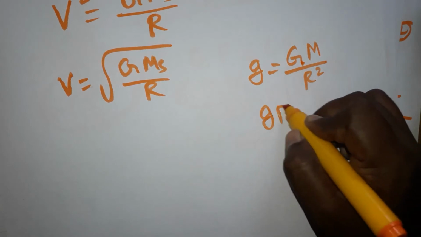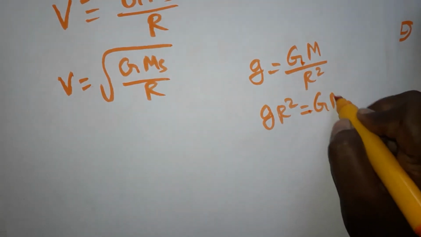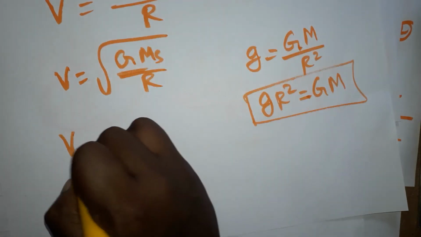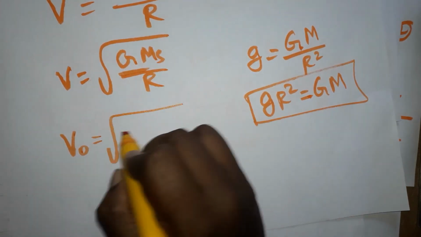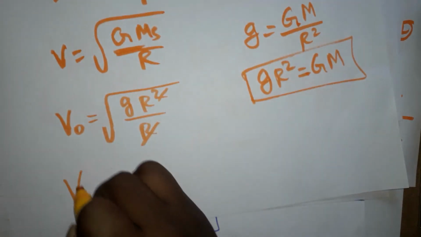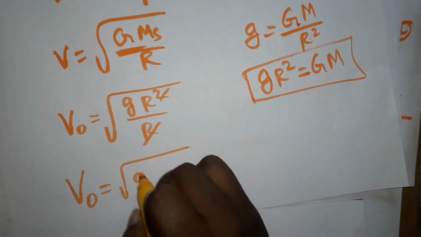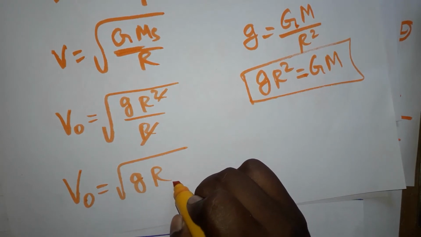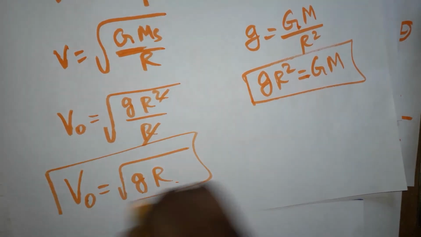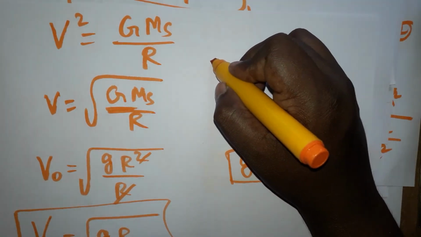So small g r square is equal to capital G m. So we can take the orbital velocity as root of g r square divided by r, and r gets cancelled. Orbital velocity is equal to root of g times r, where r is the orbital radius and g is the acceleration due to gravity. Consider it for the earth.